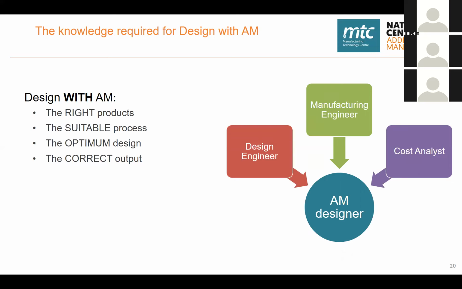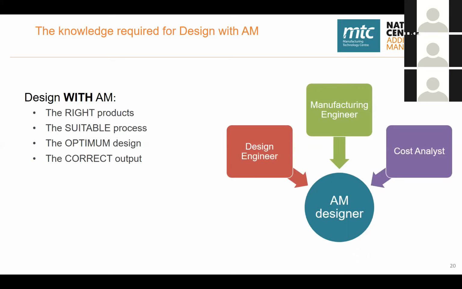We need to be a design engineer, and sometimes a manufacturing engineer, because we need to implement all the manufacturing requirements or even the post-processing. So we need to be aware of what the post-processes are and what the requirements from there are, and that's why we need help from experts on each one of the technologies.